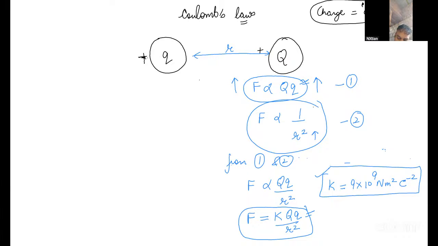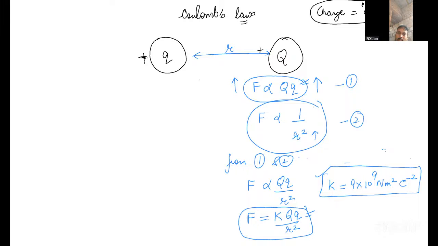Charles Augustin de Coulomb, page number 363.